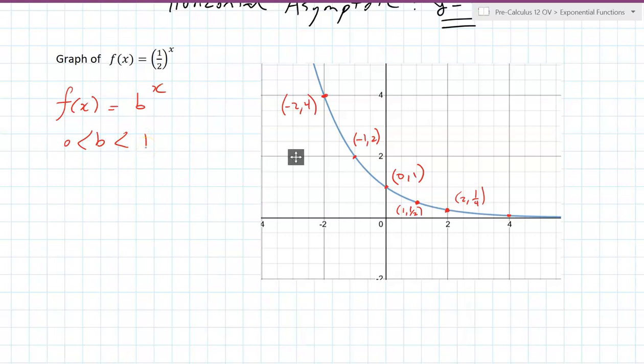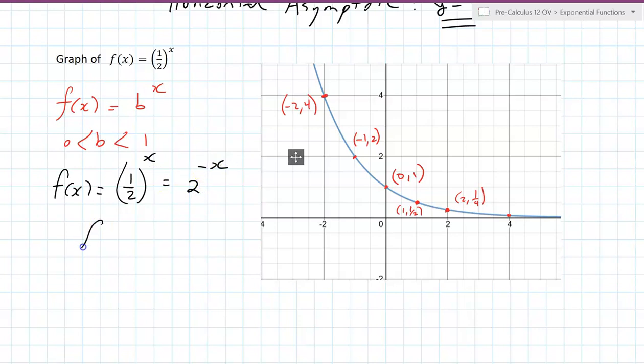Because we're dealing with the exponential function, this value b as a fraction actually creates a negative exponent. So if I rewrite the original equation, f of x equals 1/2 to the power of x, that's actually equal to 2 to the power of -x.